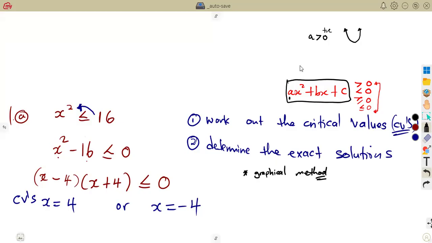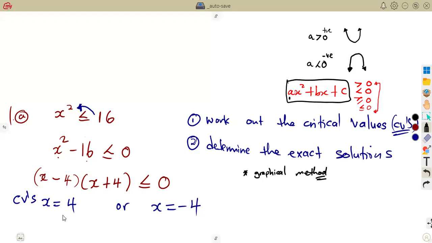The shape is important. If this a is less than 0, we're talking about the a of this part of our quadratic, meaning to say we are referring to the negative values. Our shape is going to be in another way. So this is what we are going to have. So meaning it is important for you to understand the graphical concept, the shape that you're going to have.